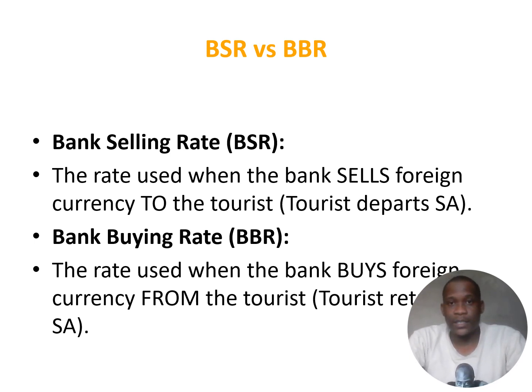This tourist is departing from South Africa. So the bank buying rate, the BBR, is the rate at which the bank buys foreign currency from the tourist when the tourist is entering or returning to South Africa.